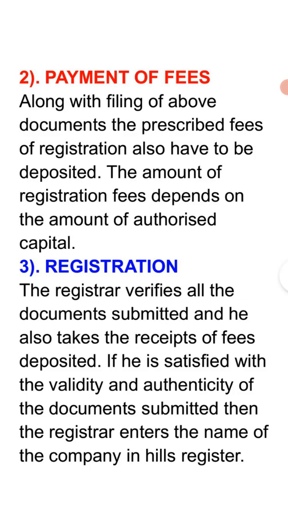That means your documentation and the receipt of the fees deposited will be cross checked, and if he is satisfied with the validity and authenticity, and finds that everything is okay, nothing is fishy, then the registrar enters the name of the company in his register.